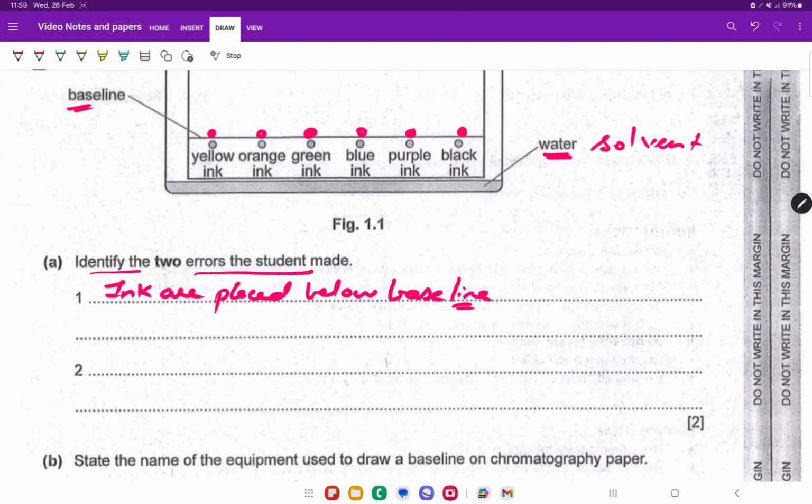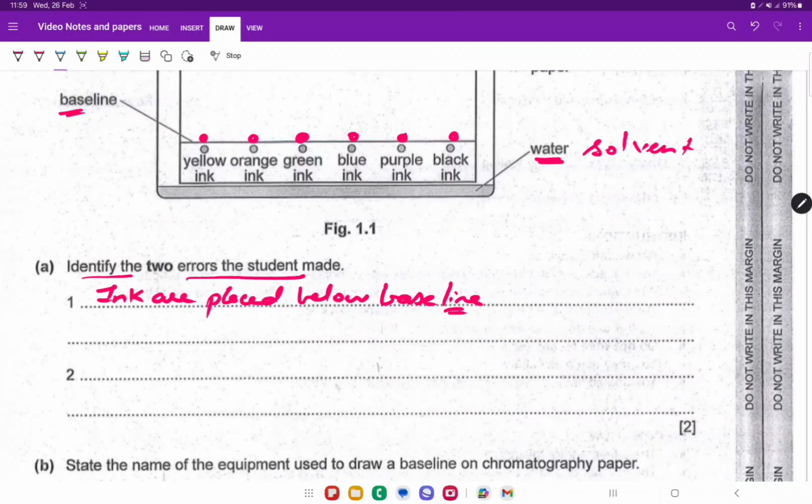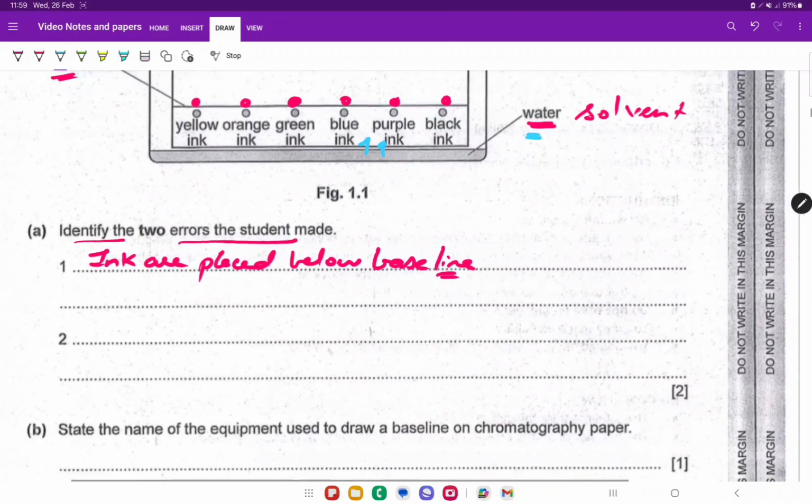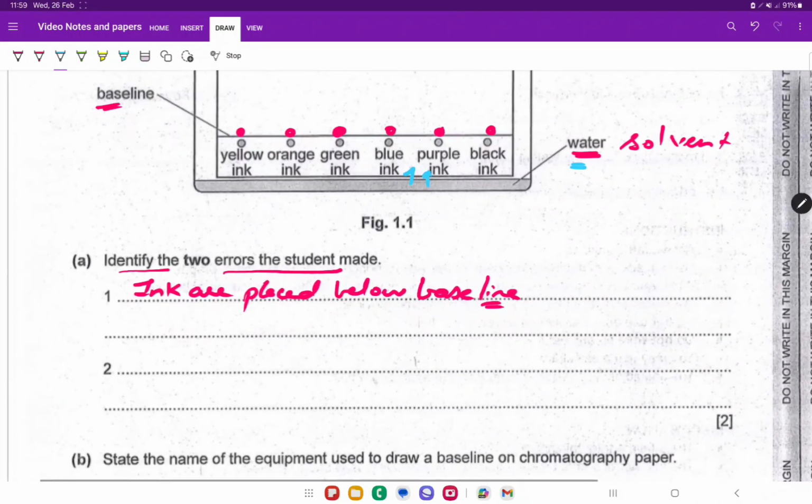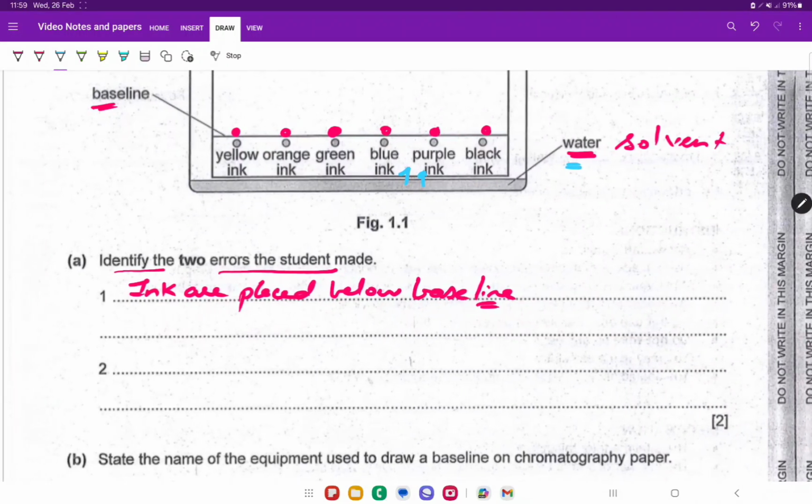And the second error we can see, if you observe, is that this chromatographic paper is not touching the water. It's not touching the solvent. It should touch the solvent so that the solvent can rise and the ink can dissolve in it when the solvent rises up. So it's not touching, therefore there will be no rising of the solvent, no chromatography will take place.